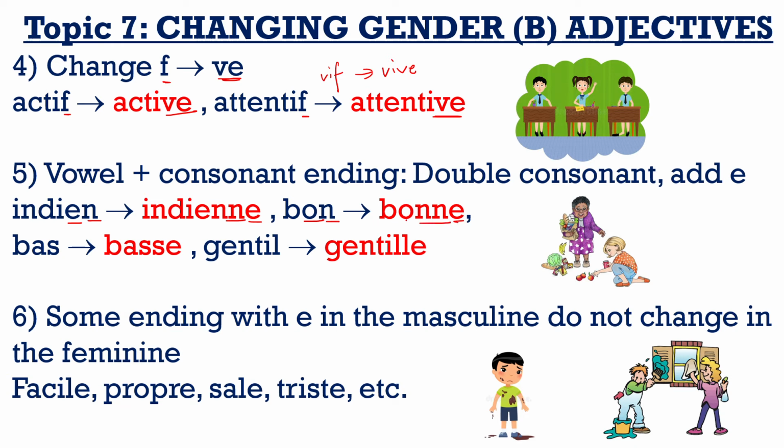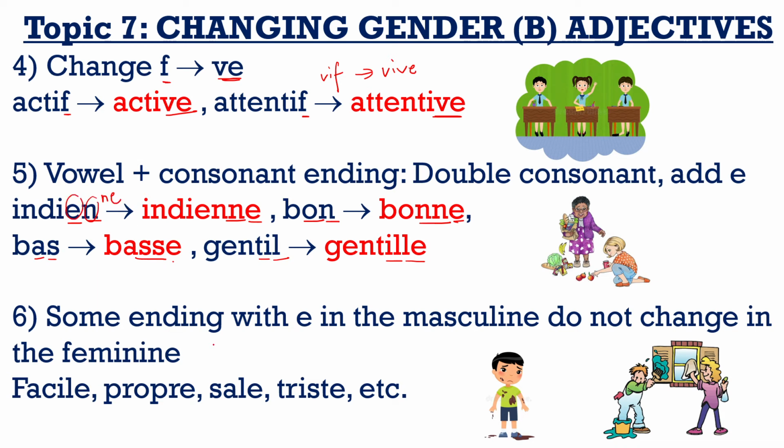Bon, bonne, good. Bas, basse, low. Gentil, gentille, vowel, consonant, double the consonant, add e. These are peculiar ones where you have an adjective ending with a vowel and consonant. You have to double the consonant and then add e.